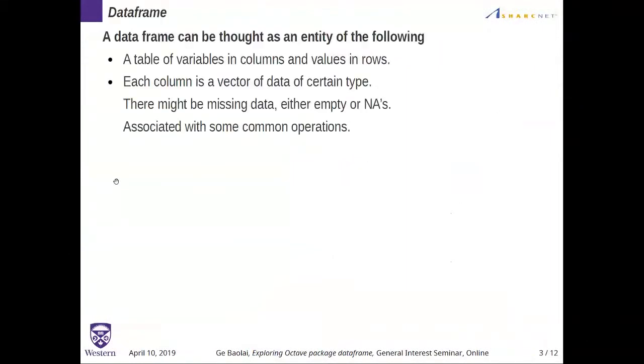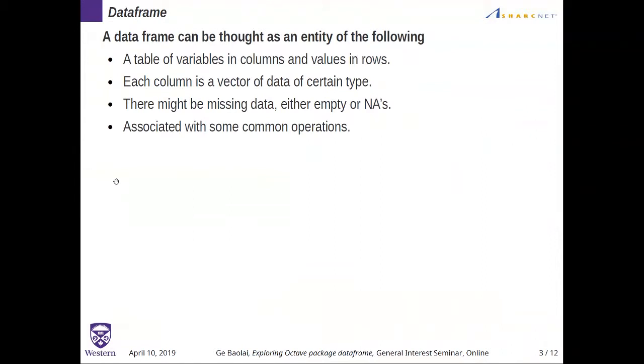So first, data frame. What is a data frame? A data frame can be thought of as a table of variables in columns and values in rows. Each column is a vector of data of a certain type.